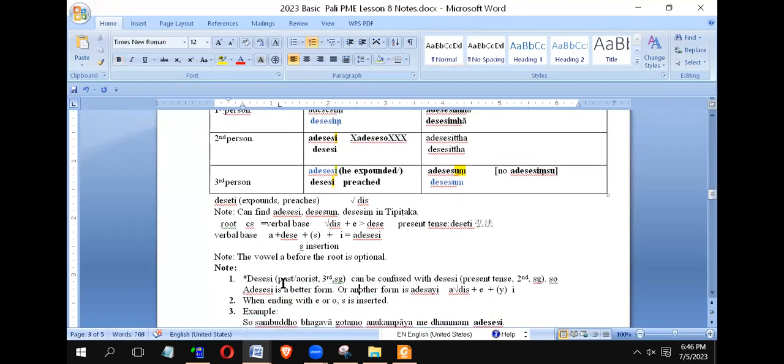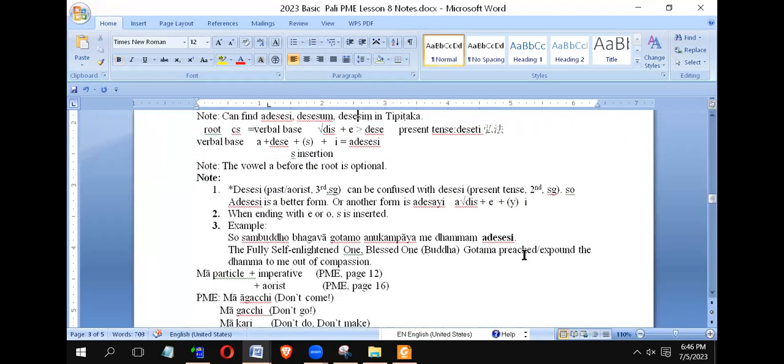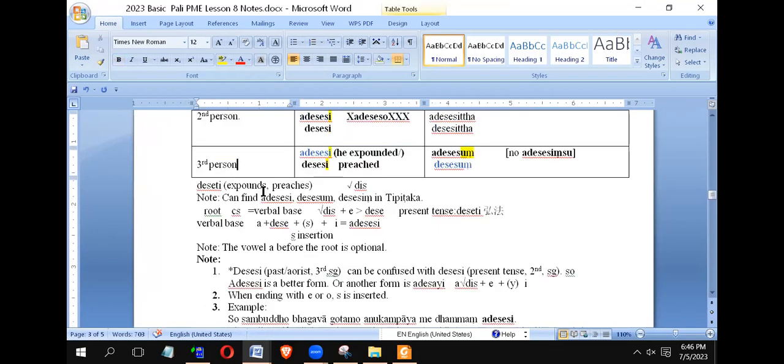For example, you can see desesi, all right. If you have this desesi, which is not found in the Tipitaka, it can be confused with desesi, right? Desesi is a present tense second person singular, correct or not, Janet? Okay, so if you put desesi here, then this will be wrong, because past tense should be put with the A. So in this case, A is necessary here to differentiate adesesi from desesi.